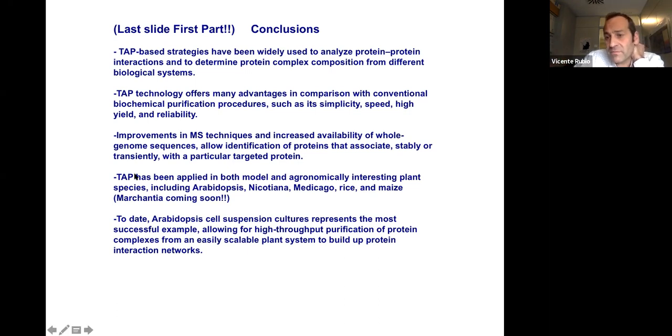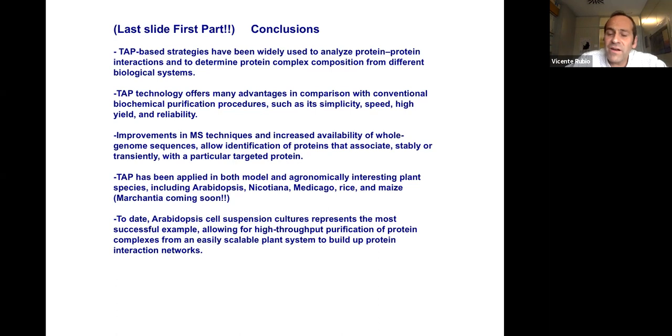Saying that, there could be some issues about the functionality of the proteins when expressed in Arabidopsis cell suspension cultures, because you don't know whether they are fully functional. Also, it is debatable whether it is necessary to carry out the two purification steps. It has been shown that just one single step can work nicely, because mass spec techniques have improved so much that they are able to analyze very complex mixtures of proteins.